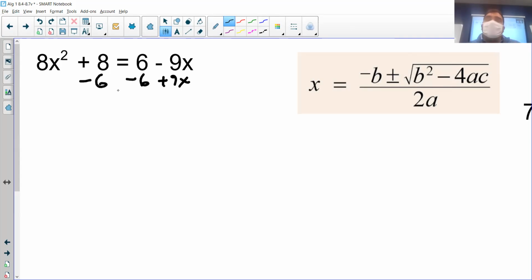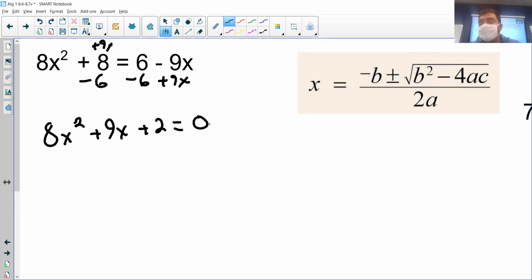No, nothing. So plus 9x. So I'm going to rewrite it: 8x squared plus 9x plus 2 equals 0. From there, you're going to do the plug-in and all that. So try it out now.